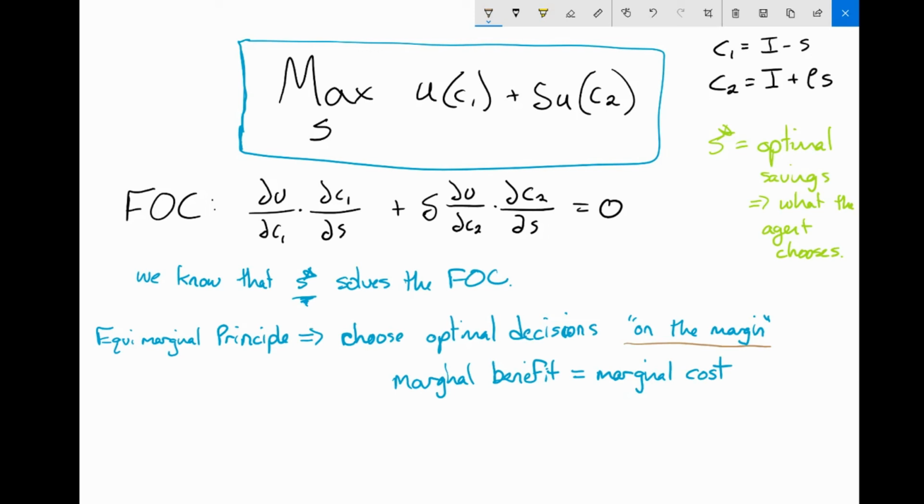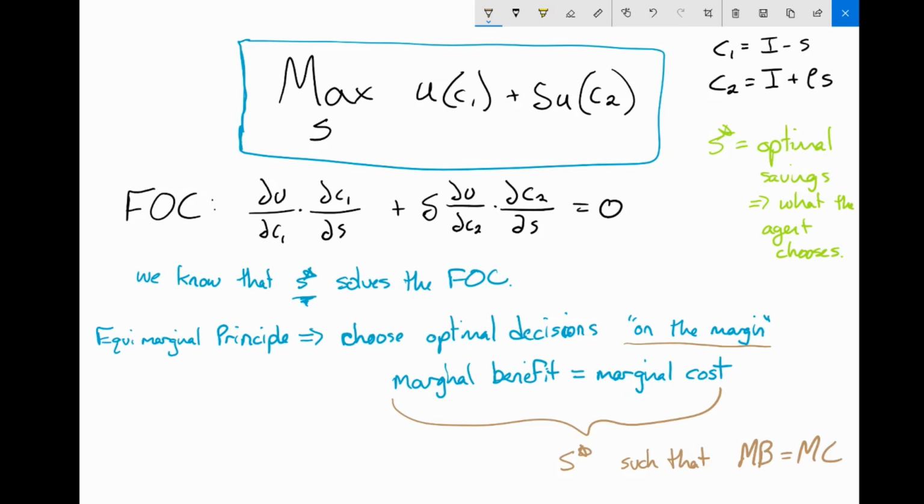So the optimal decision, that means S star, is selected such that the marginal benefit equals the marginal cost. At that optimal amount of savings, the marginal benefit of that one more dollar of savings is equal to the marginal cost of that one more dollar of savings.